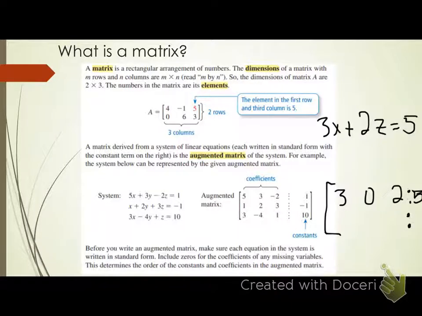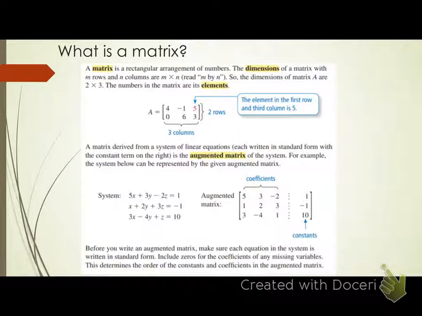That's what it means when it says include zeros for the coefficients of any missing variables. My y value is missing, so its coefficient would technically be 0. I could rewrite it as 3x plus 0y plus 2z equals 5. So that's what that means right there. This determines the order of the constants and coefficients in the augmented matrix.